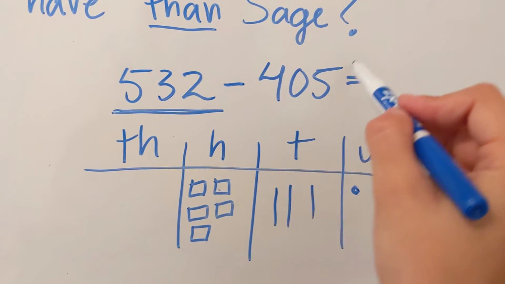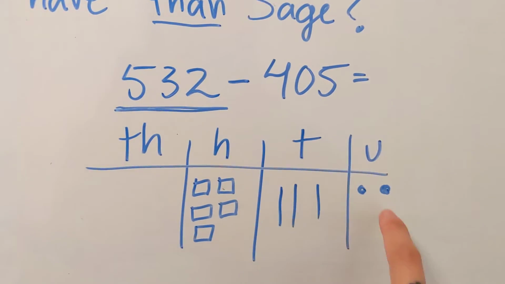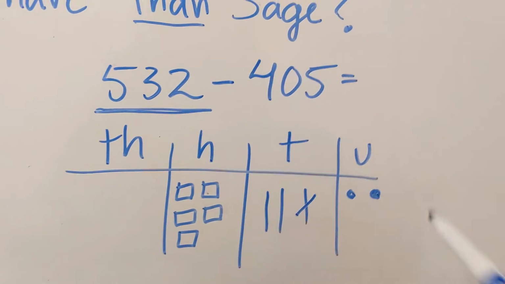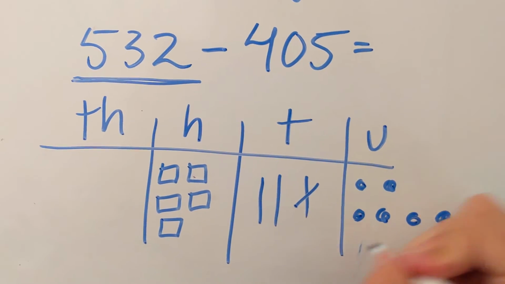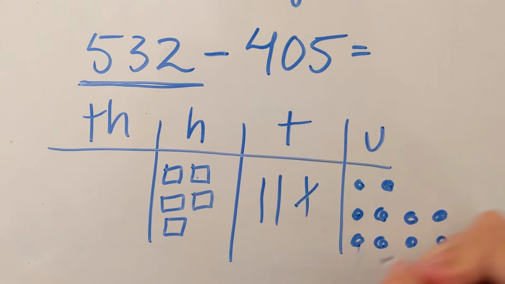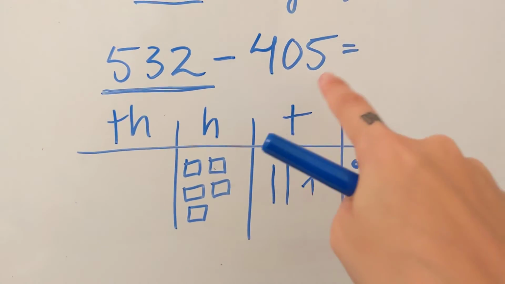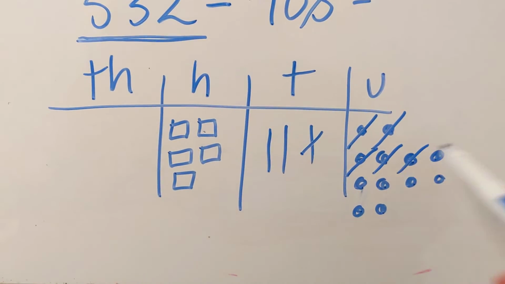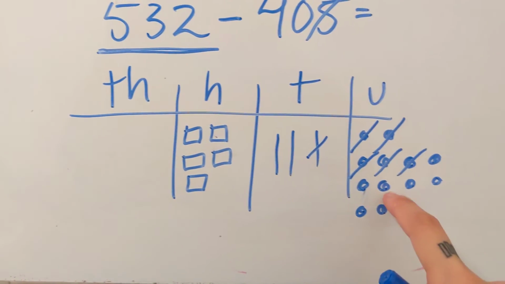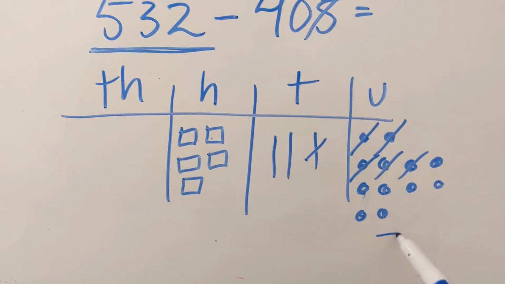I have to take away 5 units, but I don't have enough. So I take away 1 ten and I make 10 units. Now I'm ready to take that 5 away. 1, 2, 3, 4, 5, and I'm left with 1, 2, 3, 4, 5, 6, 7.